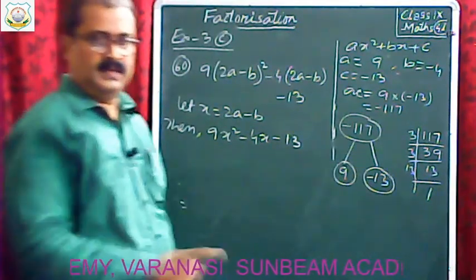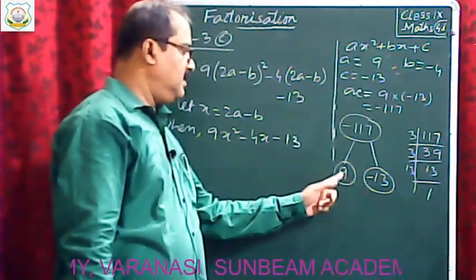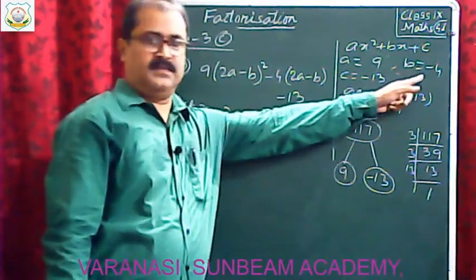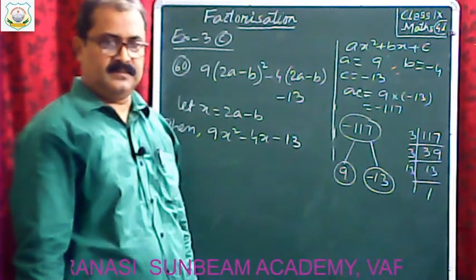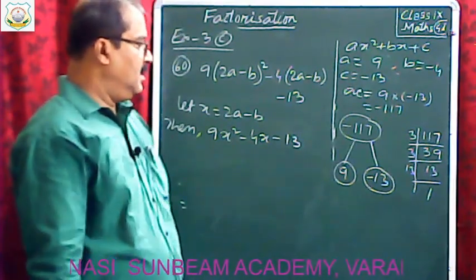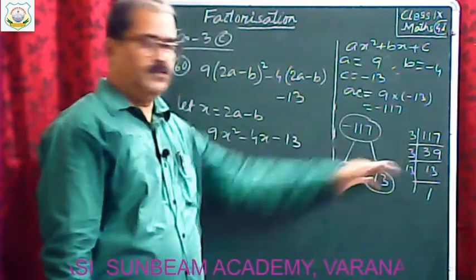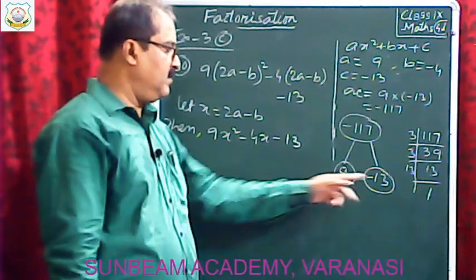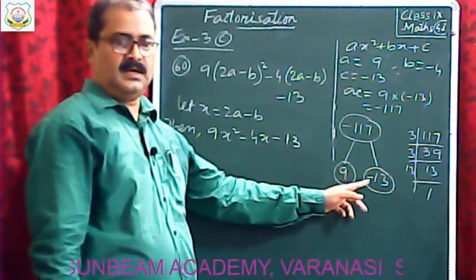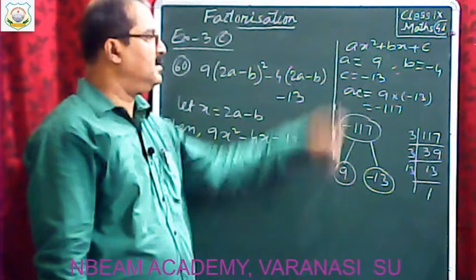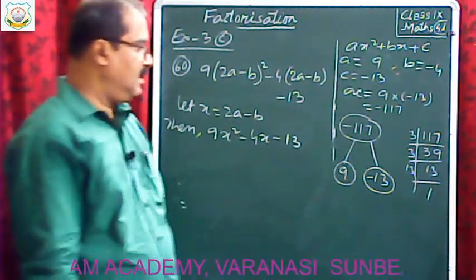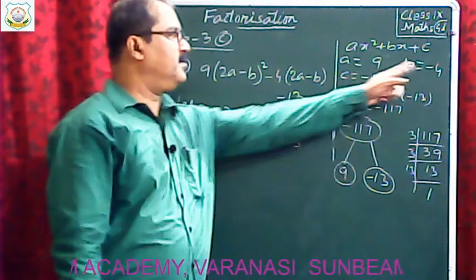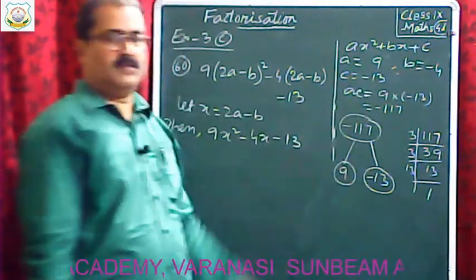If negative, then minus 13 plus 9 we get minus 4, that is b, and the product is minus 117. Clear? So 9 and 13 are the two parts. You have to consider the greater value as negative, so that after adding we get minus 4. Clear? So minus 13 plus 9 is minus 4, and the product of them is minus 117.